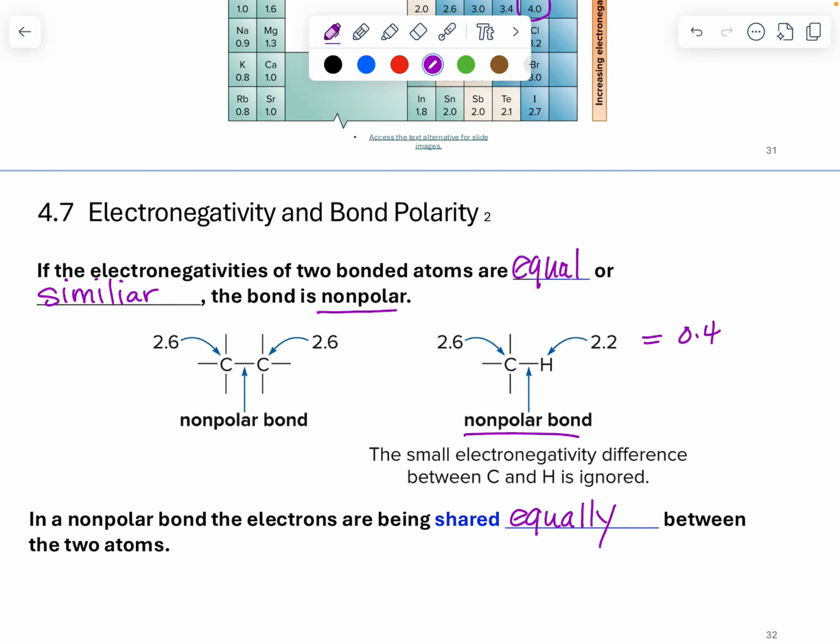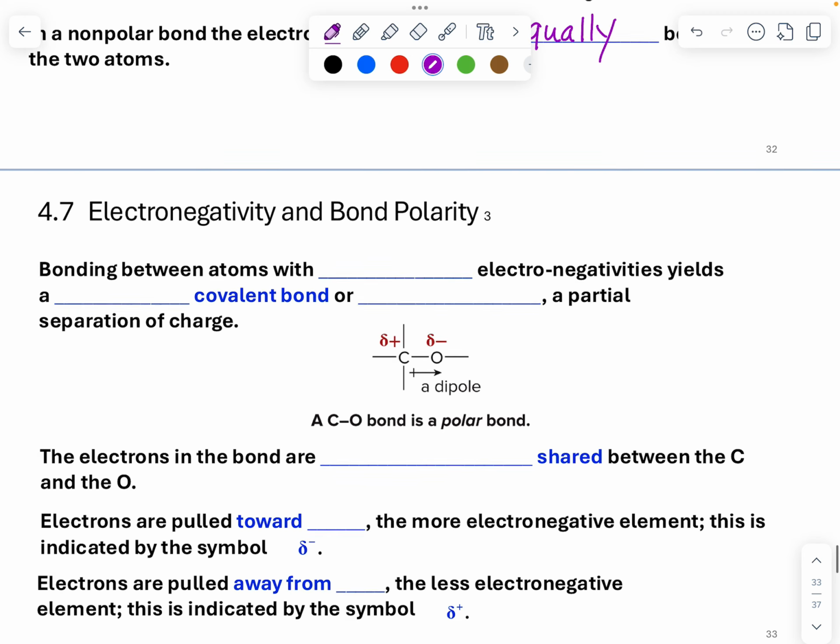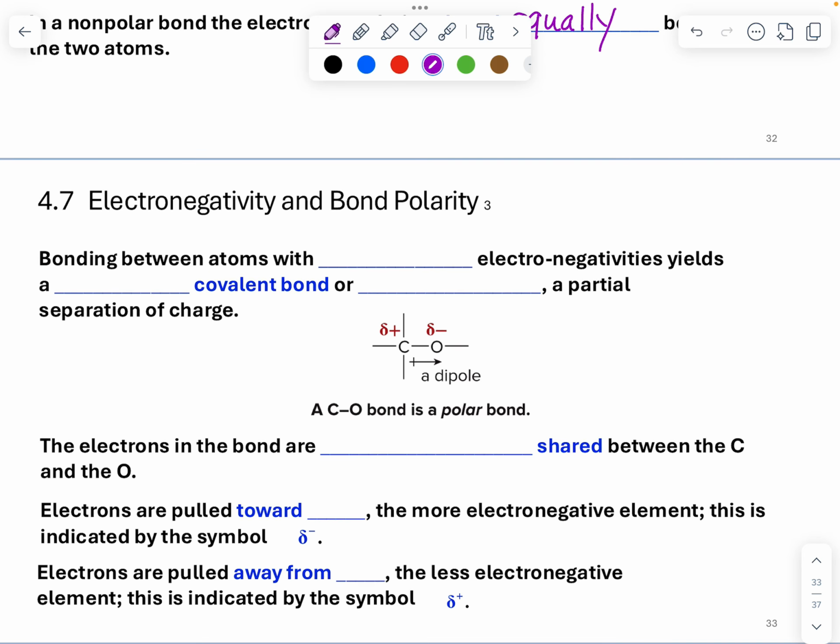However, we can look at some other compounds, and we see that there is a bigger difference between the electronegativities. So bonding between atoms with different electronegativity values yields a polar covalent bond.